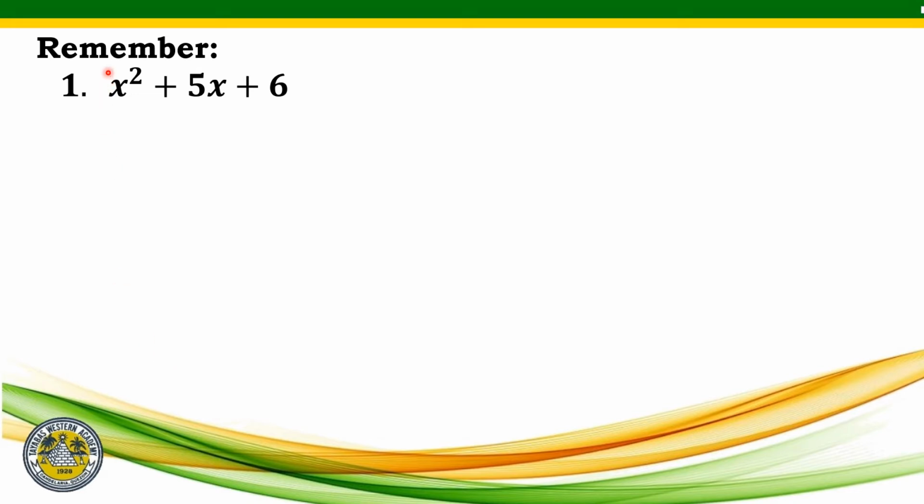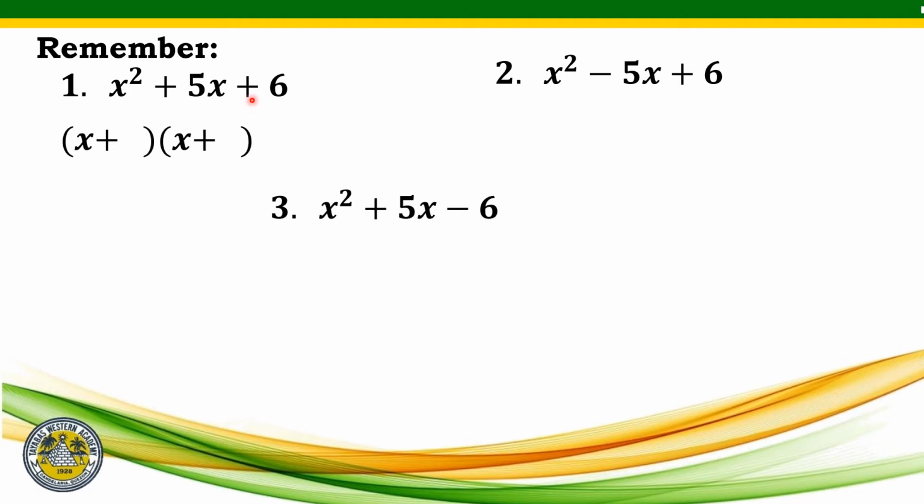So ito yon, 1 yung kanyang coefficient ng first term, ang middle term at saka yung last term ay positive. Then it means that the two number factors we are looking for are both positive. So yung magiging sagot natin will be x plus the number times x plus the other number.